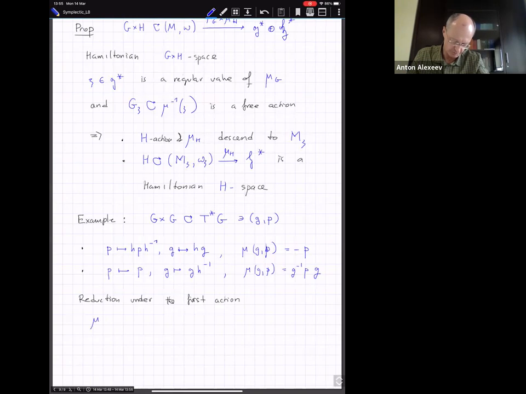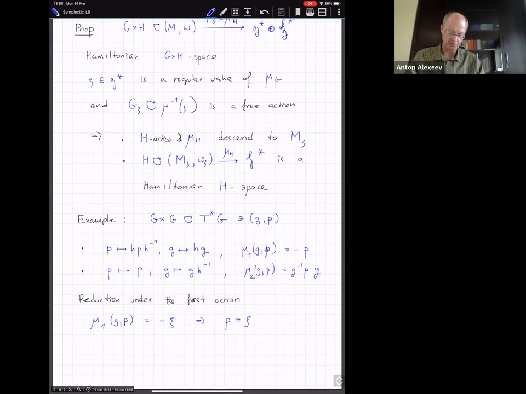Let me call them mu1 and mu2. So let's fix mu1 of (g, P) equal to minus psi. So we do the reduction at the level minus psi. Of course, this implies P is equal to psi.